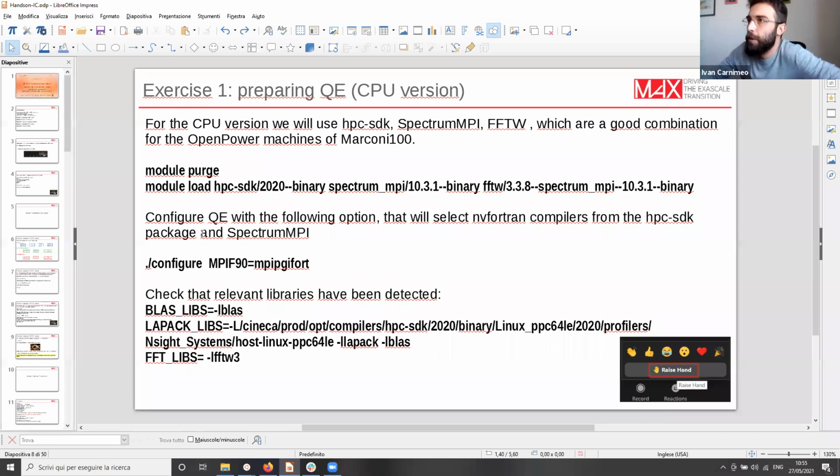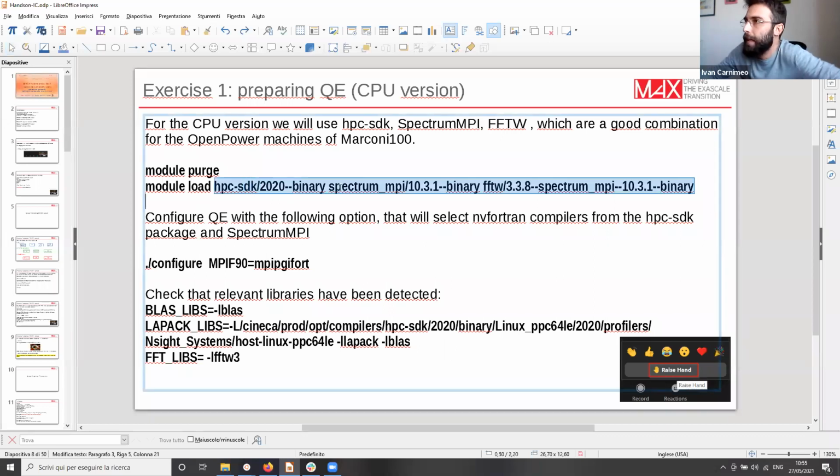For this compilation, we will be using HPC SDK. This is the library which contains the compiler, the MV Fortran compiler, which is the one that we will be using for compilation. So you load HPC SDK, and inside you find the compiler MV Fortran.